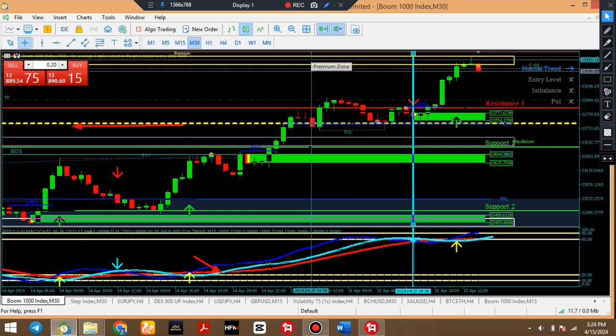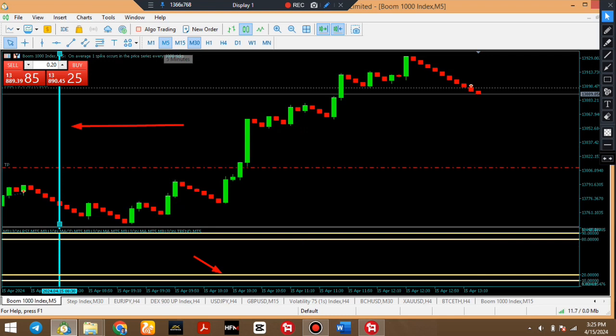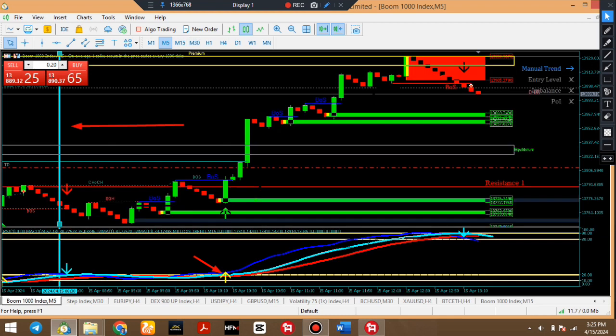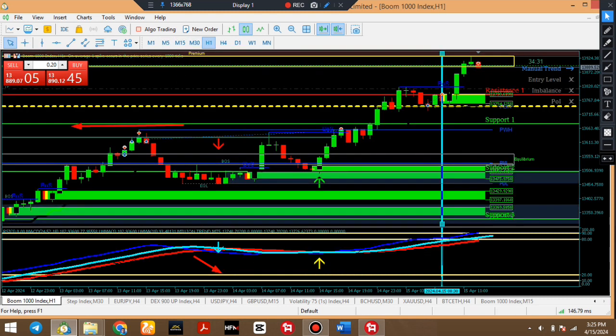So my stop loss will be, well, let's go back to the M5 where we did our analysis. Good. So I'll put my stop loss above, I think I can start it better here.